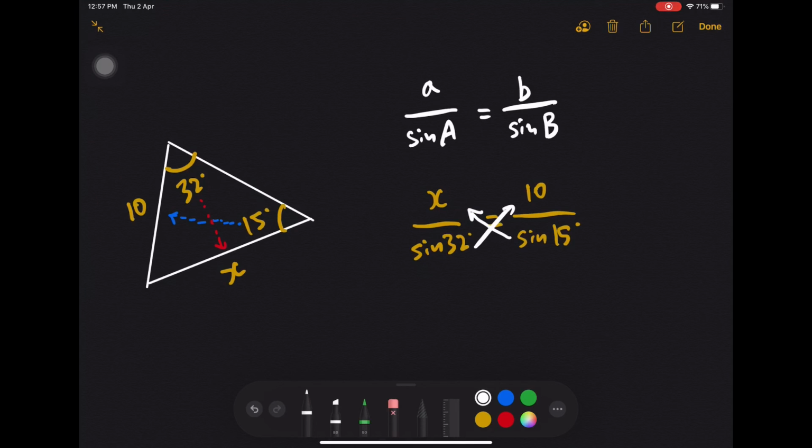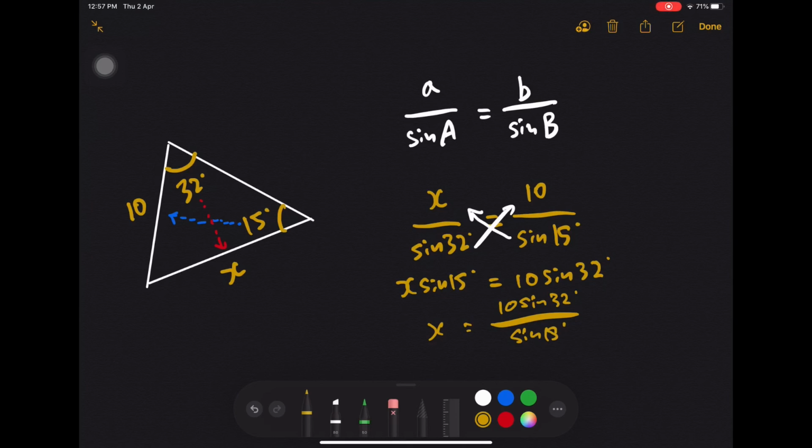So I have x sine 15 is equal to 10 sine 32. To find x, we just divide by sine 15 on the other side of the equation. Press this in the calculator, and you solve for x.